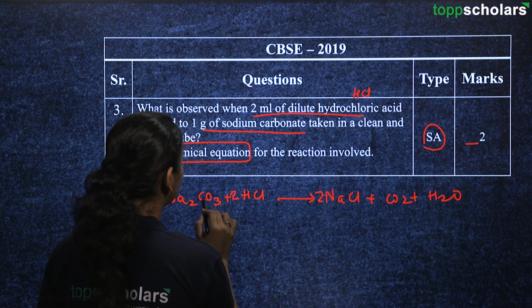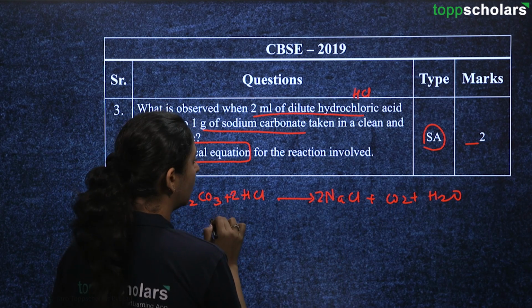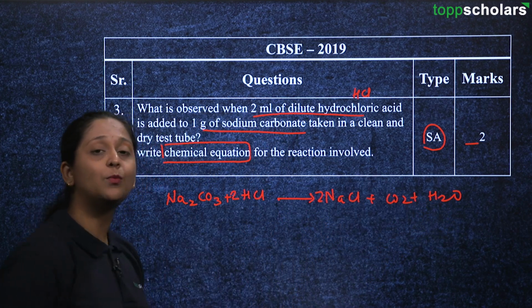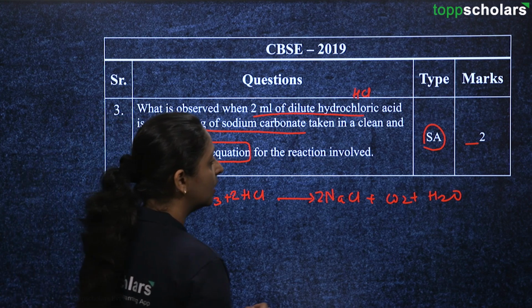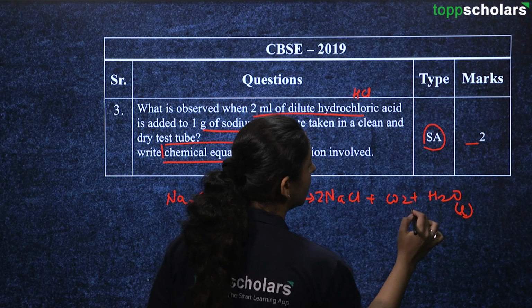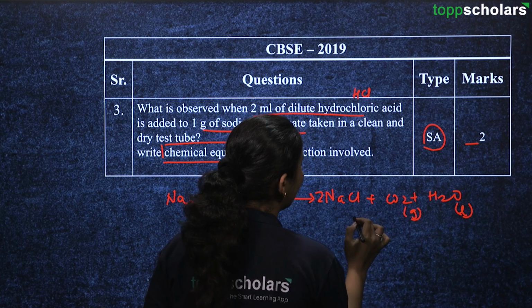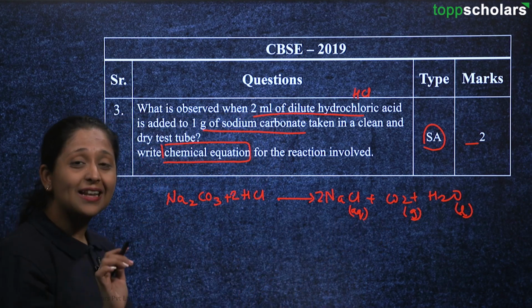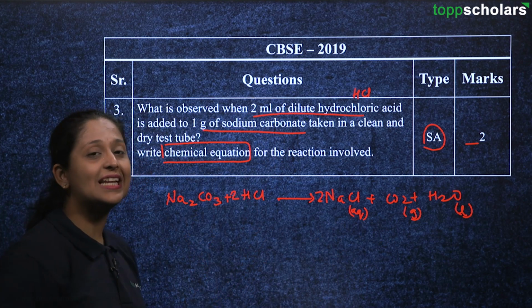You have CO3, 1 carbon and 3 oxygen atoms. 1 carbon, 1, 2 and 3 oxygen atoms. So, this comes out to be the balanced equation here, correct? Water will be formed in the liquid state, carbon dioxide in the gaseous state and NaCl in the aqueous state. By writing this balanced chemical equation, students, you will easily get 2 marks for this question.